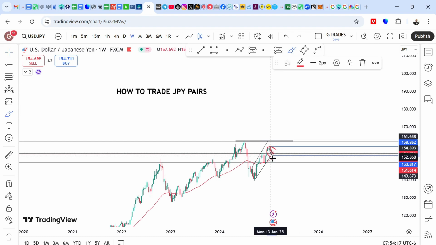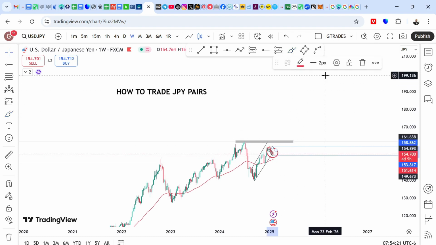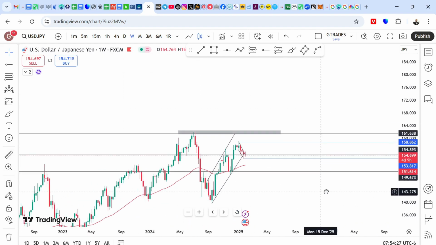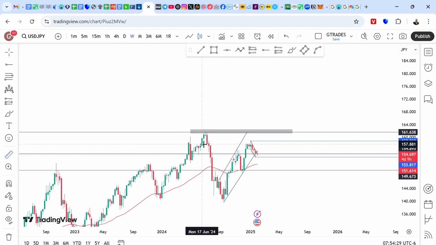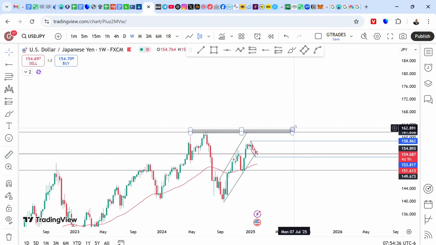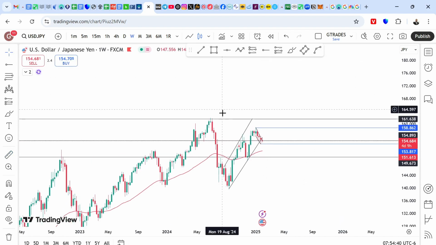So you can imagine waiting for this correction phase to be over. Just imagine how many pips you're going to be making in the market. Now let's calculate. From here to here is over 682 pips. Did you see that? So you don't want to miss out on this opportunity.